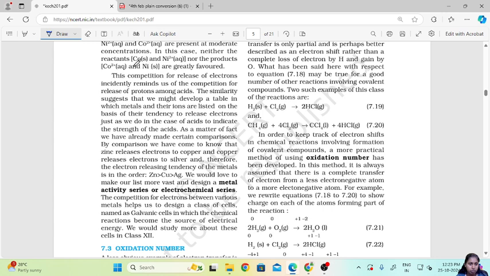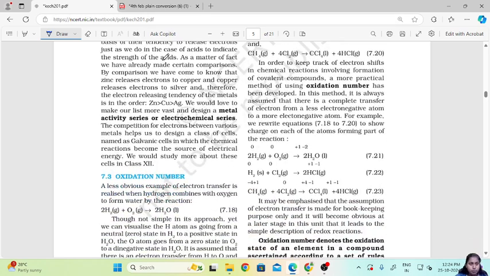In that pattern, if we are carrying out a reaction and we know the tendency of the elements which can release electrons and the tendency of those which can accept electrons, we can select appropriate metal atoms for the reactions.